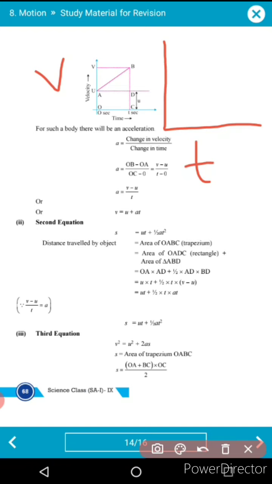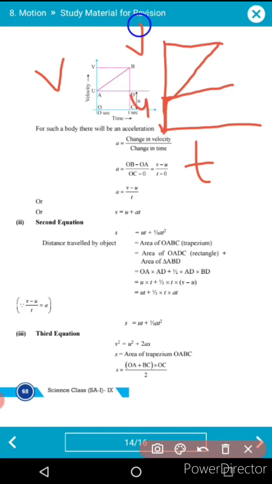Understood? Now initially the body is at rest, and the body has some velocity u, and the body is going steadily with respect to time. After u, I apply acceleration and increase the speed, so the body is going with a certain increase in speed, and the final speed is v.